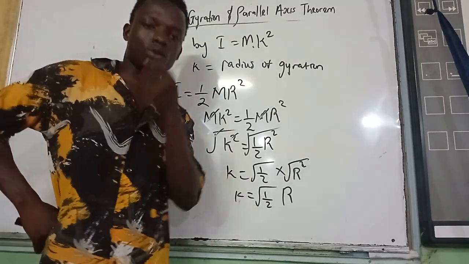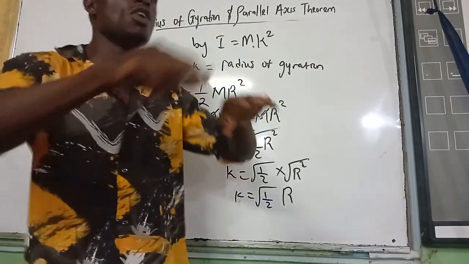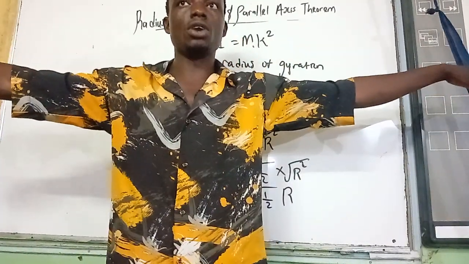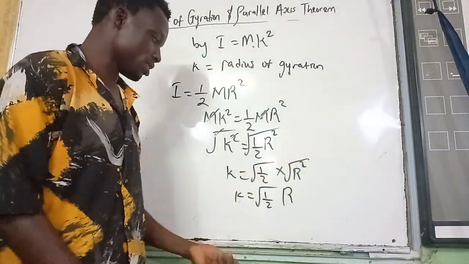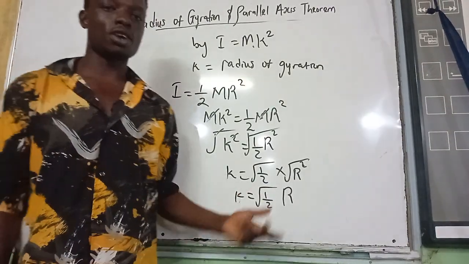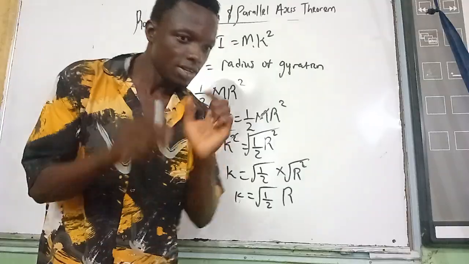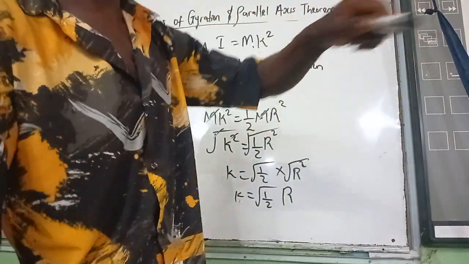So if I'm to derive the formula for the radius of gyration of a beam or a long ruler that is rotating about its axis, maybe from the center, this formula will be different. Take note of that. Don't just cram and say radius of gyration is this. It depends on the object they are giving you, and it depends on the axis of rotation.